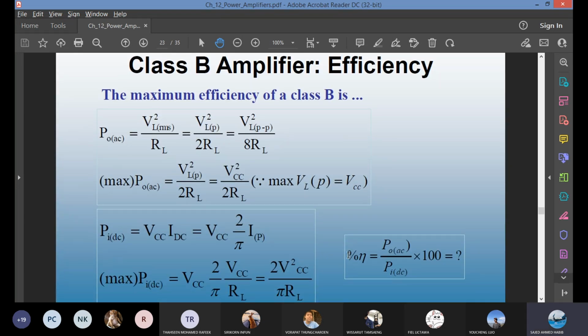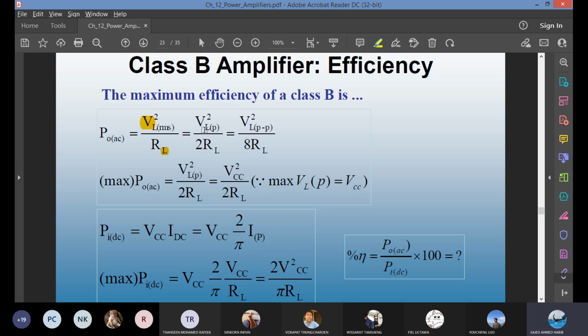Here on the next slide, you will see there are so many ways of writing one equation. Begin with the first one, the output power AC. It says load voltage RMS squared divided by load resistor. But what is RMS?